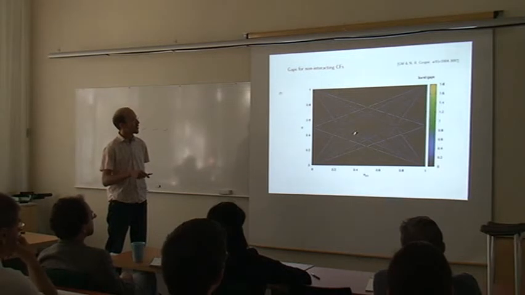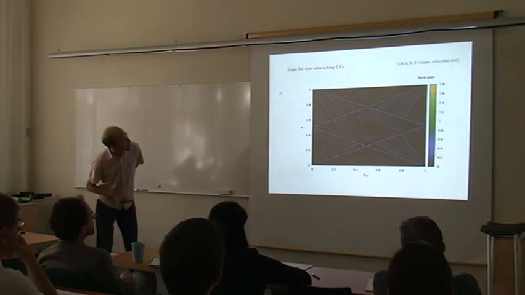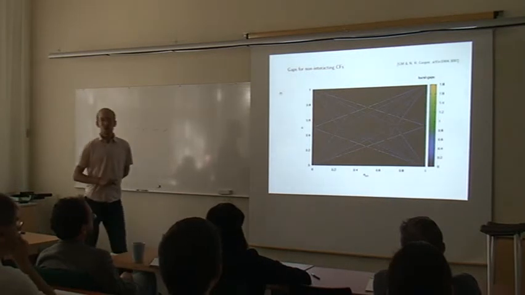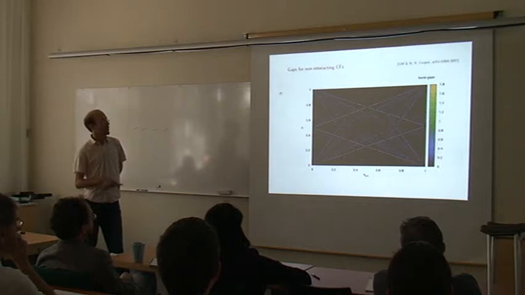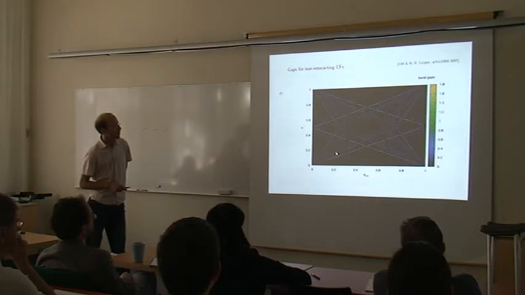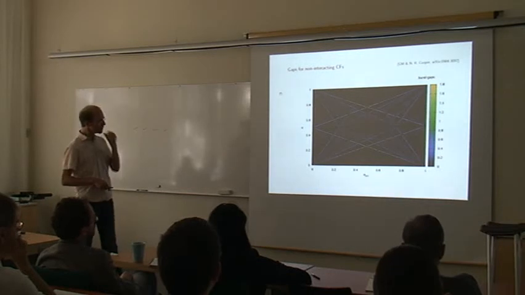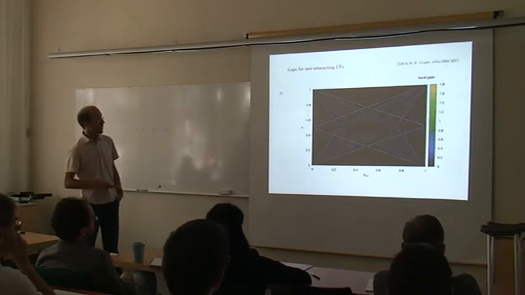Actually, this black line here is not real. It's just present because I only included fractions with denominators up to 50 in this plot, so there would be an increasing density of lines close to it.